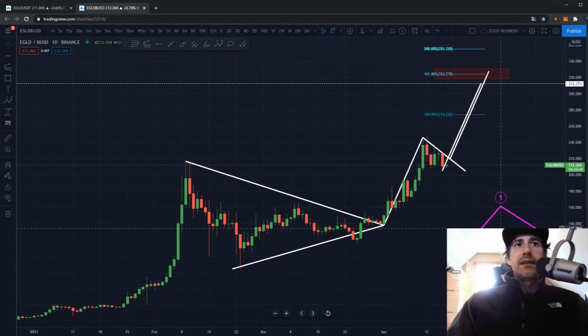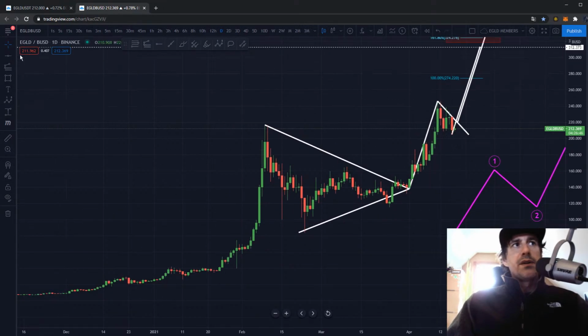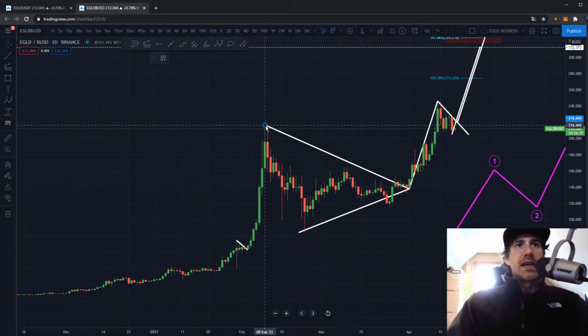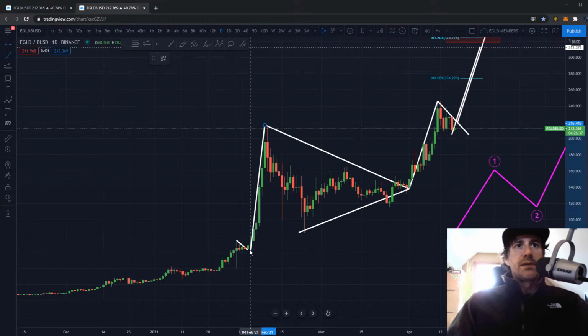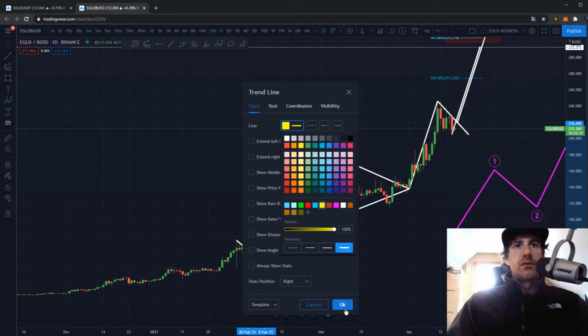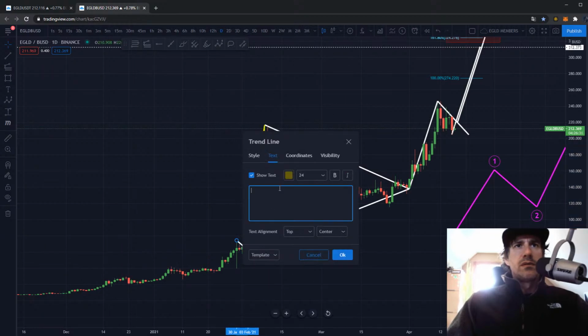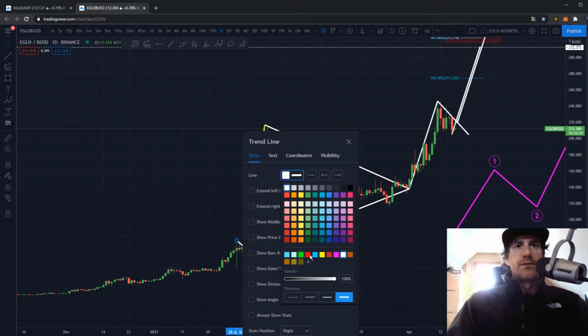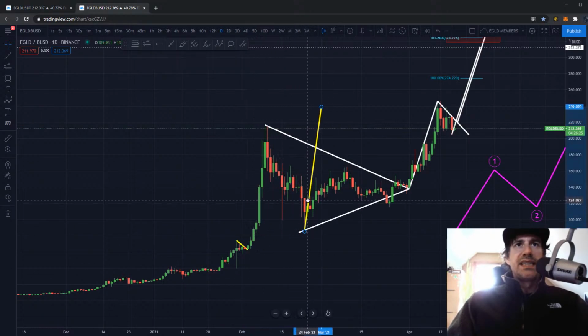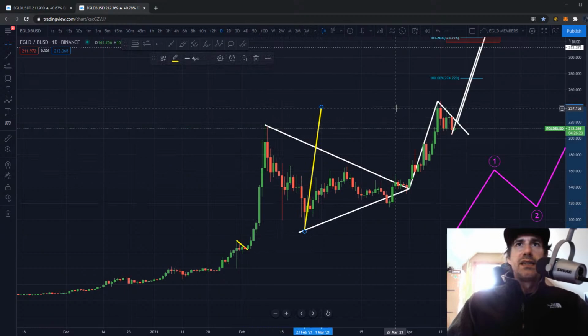Okay, and here we were able to figure out that we broke out from there. We had this pole from here. Let's put this one in yellow. Okay, we bring this up here. We find 161.8.